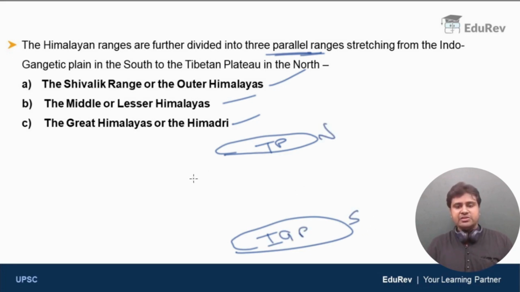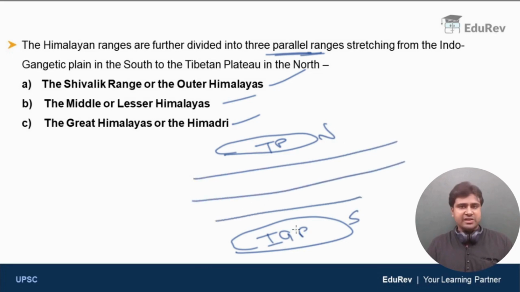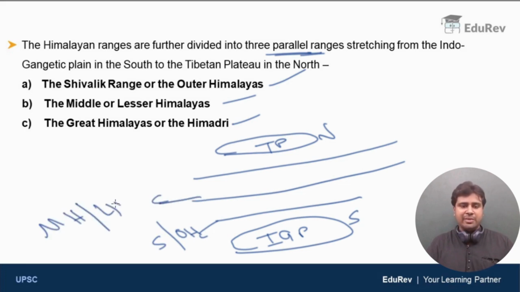So between these you have three parallel ranges of the Himalayas. The southernmost one is the Shivaliks or simply the Outer Himalayas. The middle one is the Middle Himalayas or Lesser Himalayas, and the northernmost one is the Greater Himalayas or Himadri.